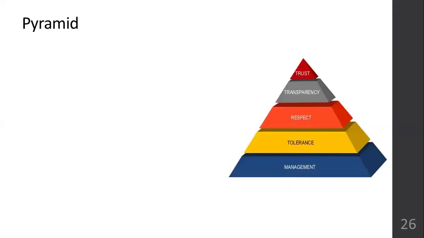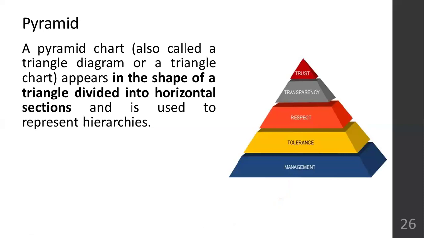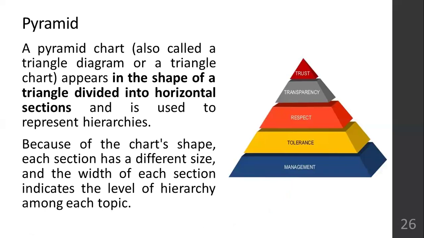Next, we have the pyramid chart. It is also called a triangle diagram. The triangle is divided into horizontal sections, and it is used to represent hierarchy and also the area covered by a particular department. Because of the chart's shape, each section has a different size and width. It indicates the level of hierarchy and the number of people working in that hierarchy.